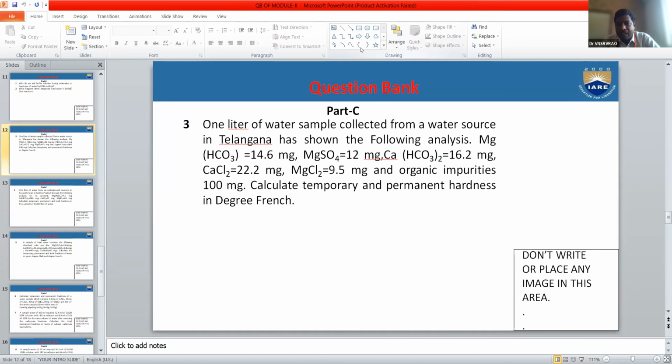Calculate temporary and permanent hardness in degree French. Okay ma? They are giving some salts and want us to calculate the temporary and permanent hardness. So first of all, out of the given salts, which salts cause the temporary hardness, ma?